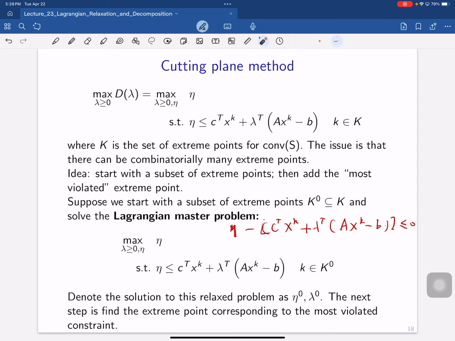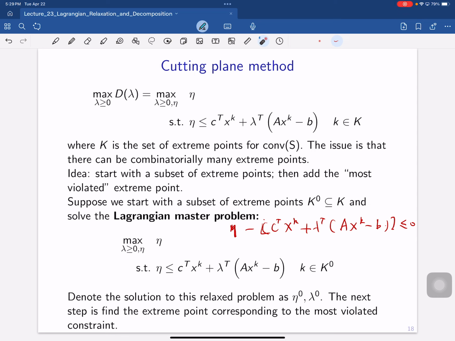This is nothing but a rewrite of the constraint, moving everything to the left-hand side. If you evaluate each of these constraints, they should be less than or equal to 0. The most violated one is the one that gives you the largest number. Probably for one of the xk, this number is much bigger than 0. That means this constraint is violated.